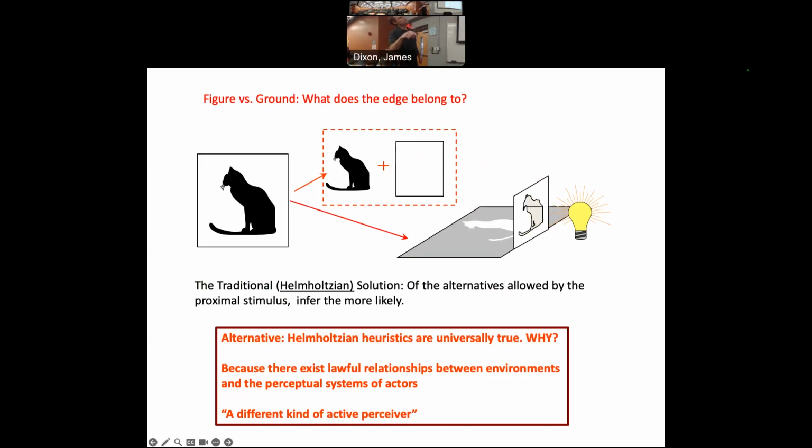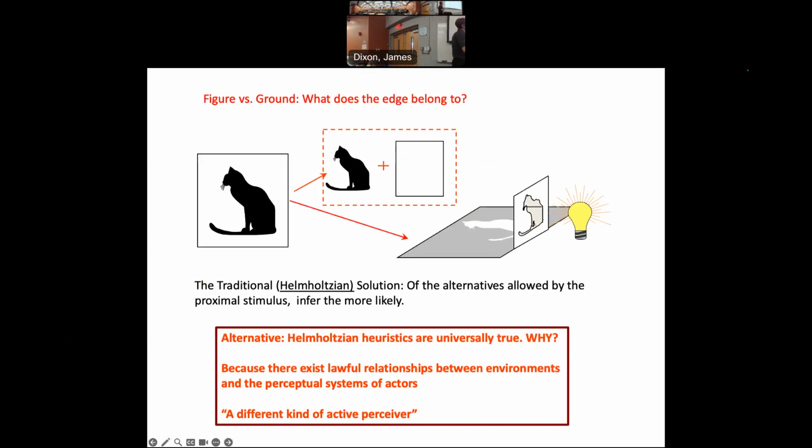So these alternatives are the beginning of the problem for the Helmholtzian view, because look, I have these alternatives and the actual proximal stimulus isn't distinguishing them for me.